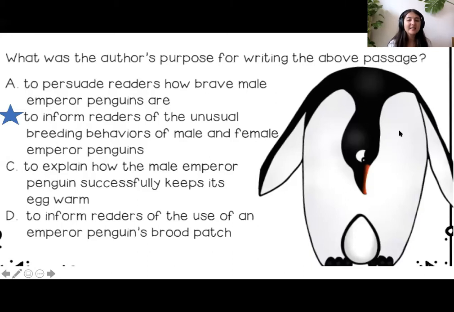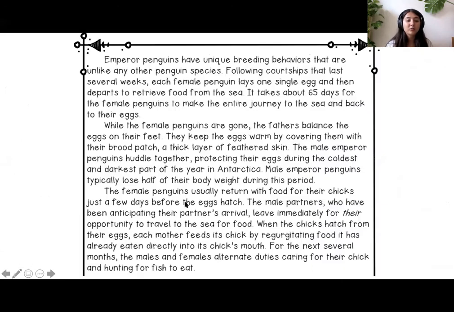Correct. Ding, ding, ding. The author's main purpose here was to inform you guys of the weird and unusual breeding behaviors. So it's trying to explain to you and inform you of how strange the penguins' jobs are. Instead of humans, where usually the mother looks after the baby, with penguins it's the father who looks after the baby while the mom goes to get food.